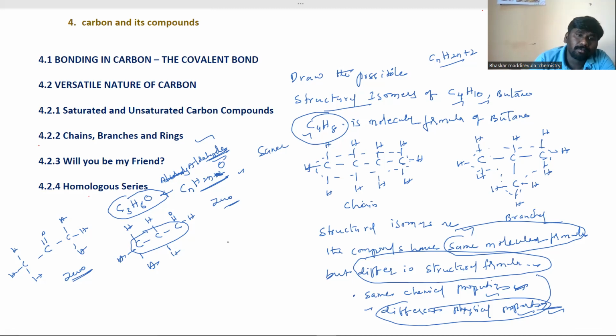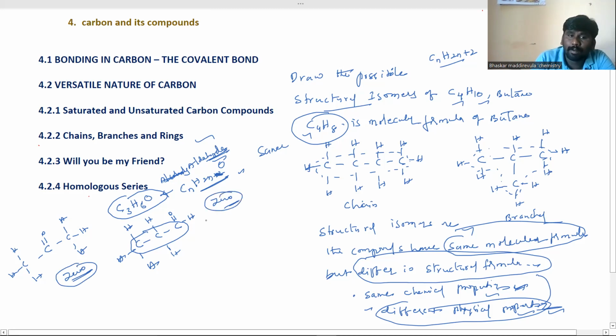Now, we can't draw any compounds with a structural difference, but we can write compounds with different functional groups. We can write functional group isomers. Both have the same molecular formula but differ in the functional group.